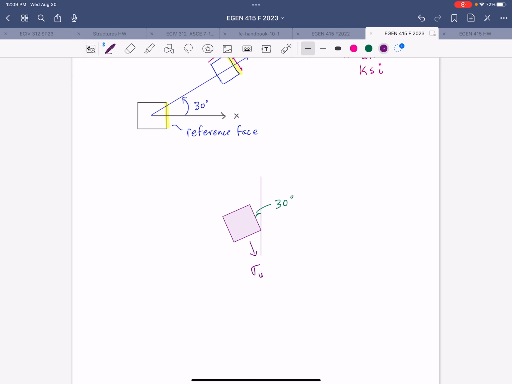So this one would be your sigma y of 7, sigma x of 5, and then the shear stress, being consistent with the positive shear stress direction, which on these 2 faces would be shown with the arrow trending downward.